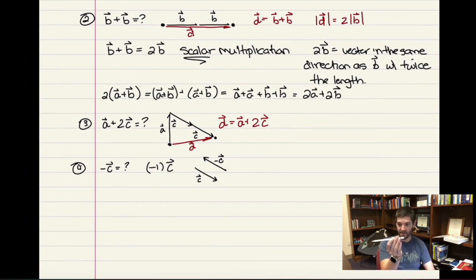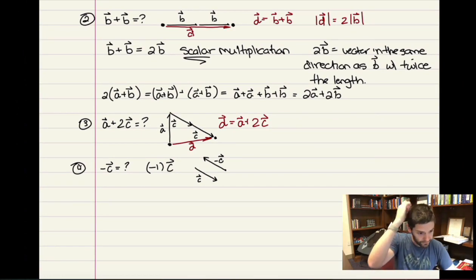So -C is just the same vector, but flipped and pointing in the opposite direction.